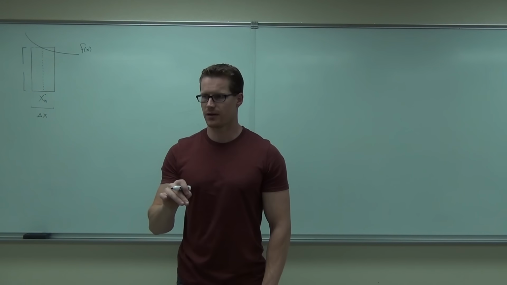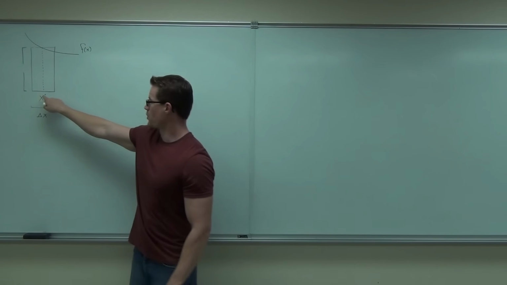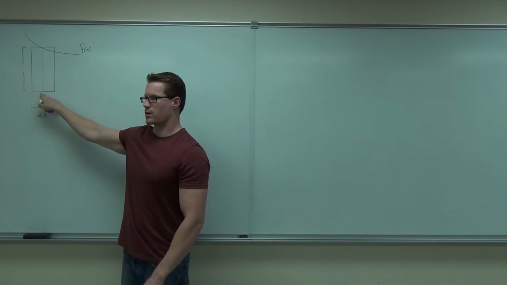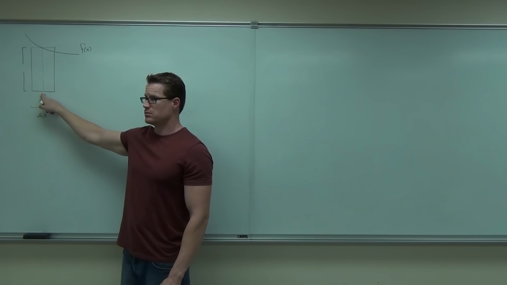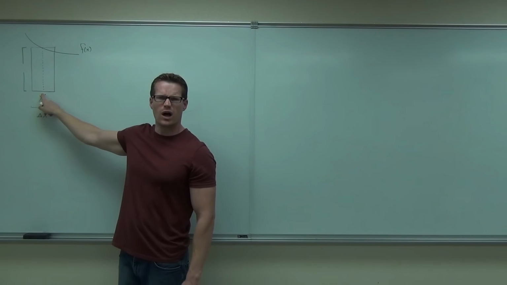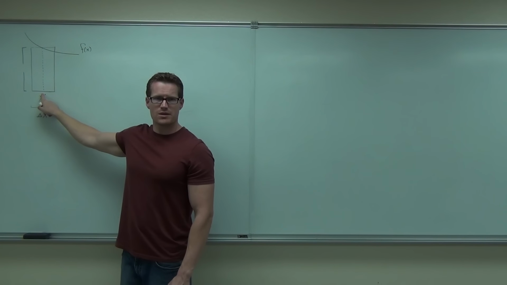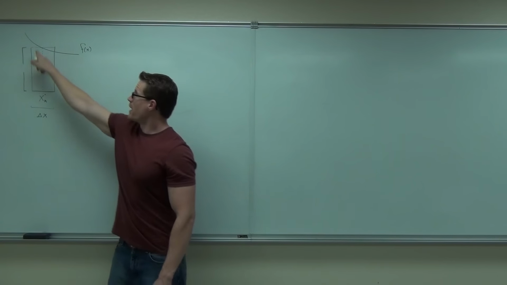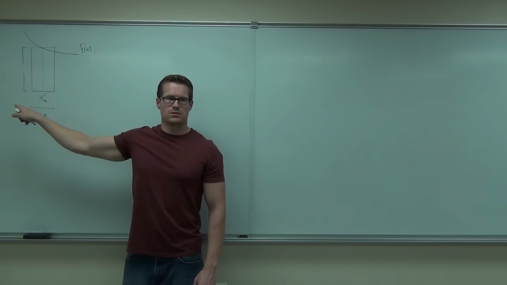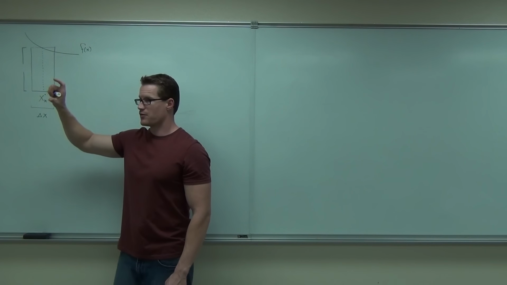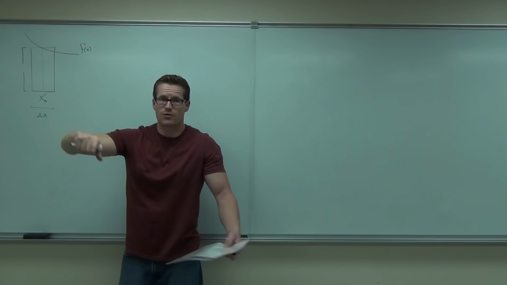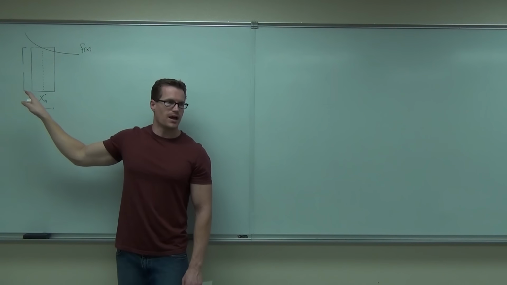How could you find the height? Let's say that this point just happened to be 4. Let's just pretend it was at x equals 4. You'd plug in 4. Plug in 4 to what? So would you agree that if this was a 4, the height would be f of 4, right? If that was a 7, that'd be f of 7. Do you agree? Because f of whatever gives you the height of whatever. This is our whatever, x sub k dot.